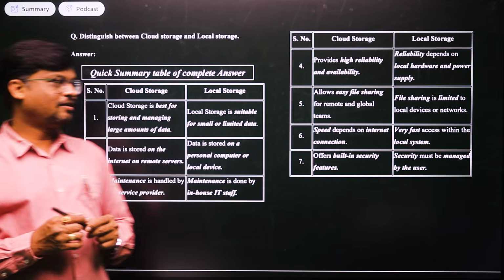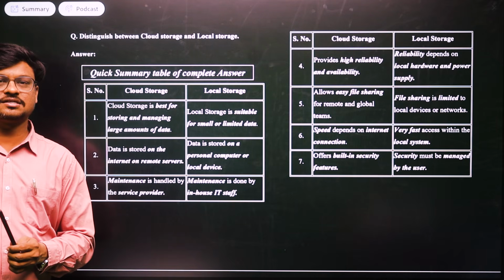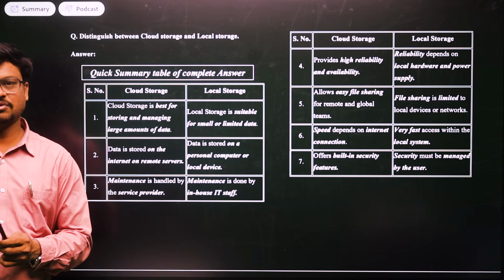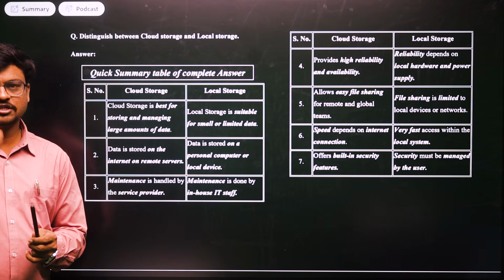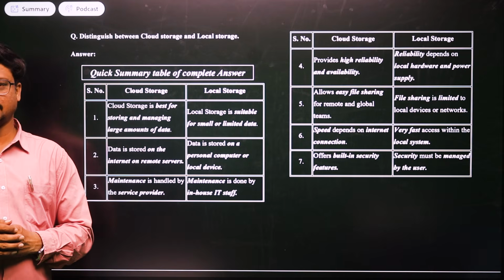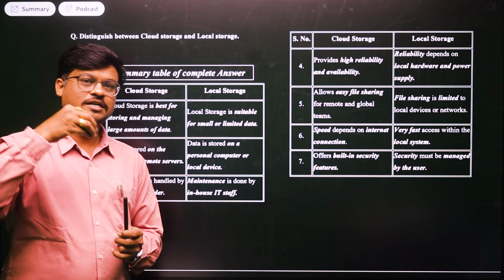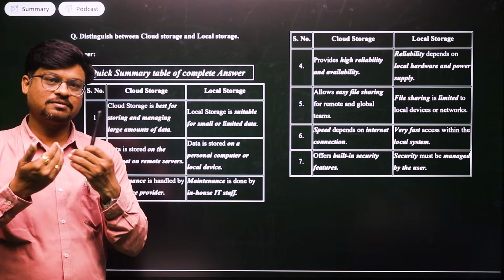In the cloud, we store the data on some other server which is remotely accessed and managed by the service providers. So maintenance and security are the responsibility of the service providers. Whereas in local storage, data is stored on my personal computer system, so maintenance and security are my job.